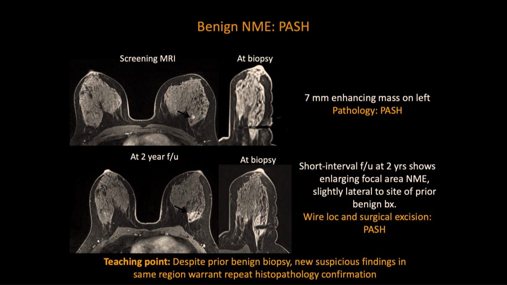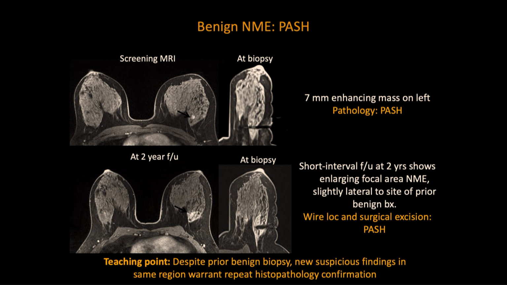I'm going to go through some examples of benign, atypical, and malignant NME. So this is an example from a screening MRI. You can see that there is a 7 millimeter enhancing mass on the left. MRI-guided biopsy was performed and demonstrated PASH. The patient was placed in a short interval follow-up, and as you can see, at 2 years, there's an enlarging focal area of NME.